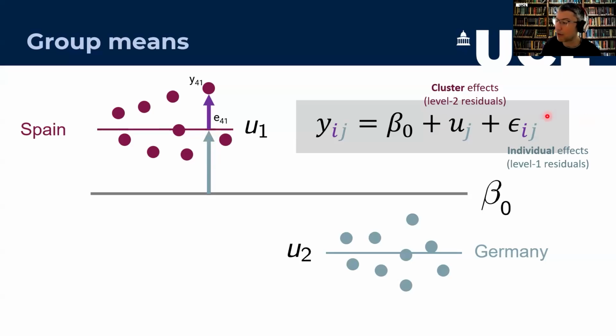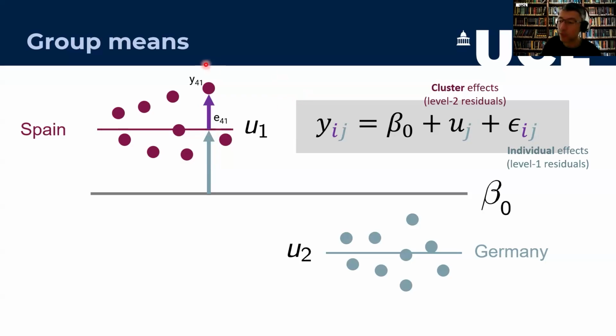And then we would have an additional part that is the individual effects. And this tells you what is the distance for that specific subject in that specific country to the average that was observed in that country.